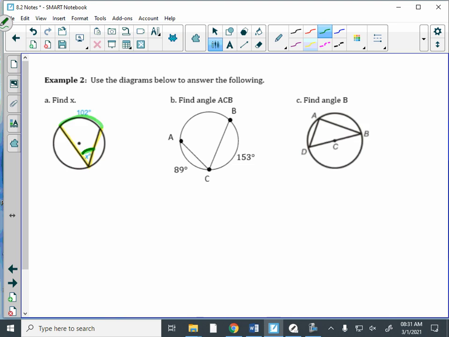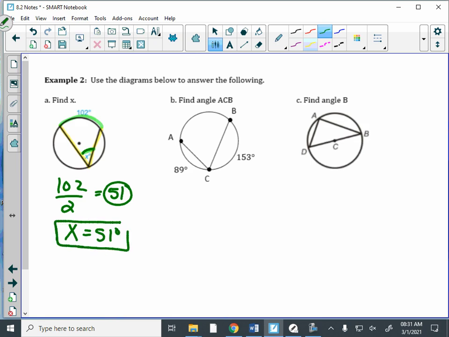So what do we have to do with 102? Divide. Cut it in half. What's 102 divided by 2? 51. So x is 51 degrees. Big arc to little angle, divide; little angle to big arc, multiply.